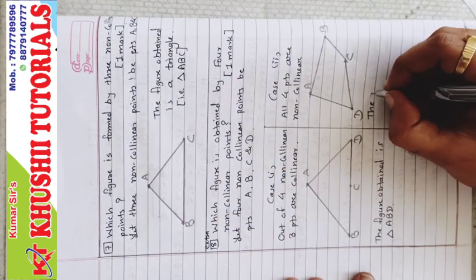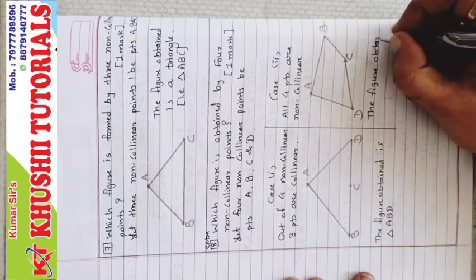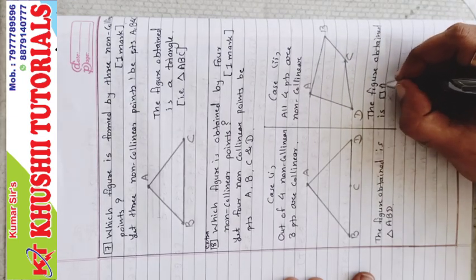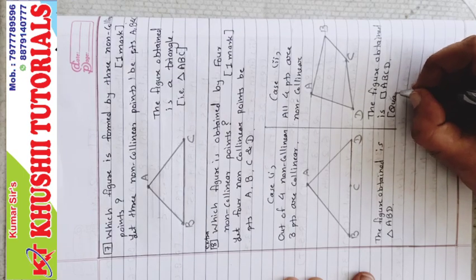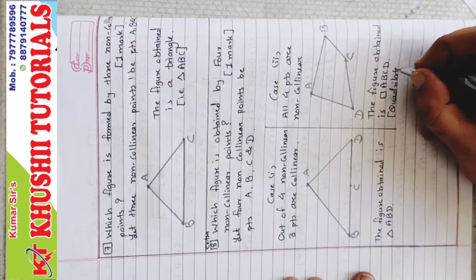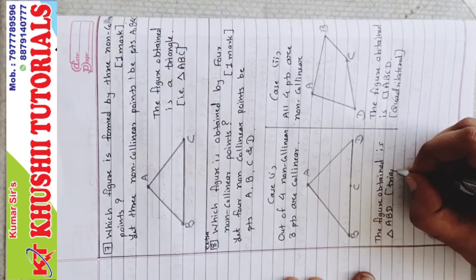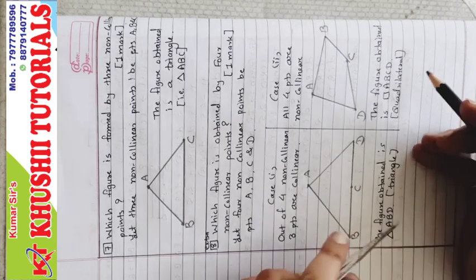The figure obtained is quadrilateral ABCD. That is quadrilateral, and here the figure obtained is triangle. And this is the end of the first exercise with one extra sum.